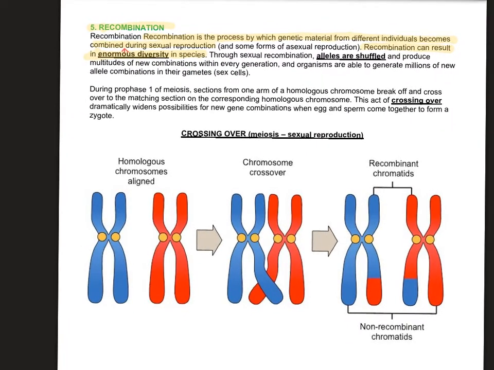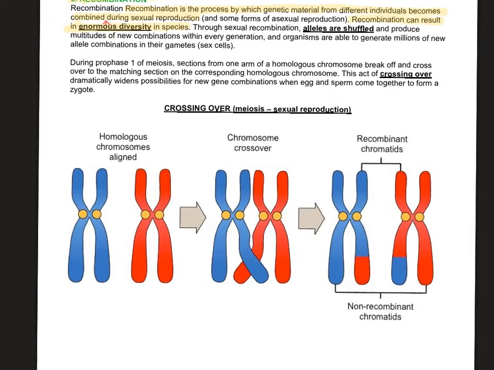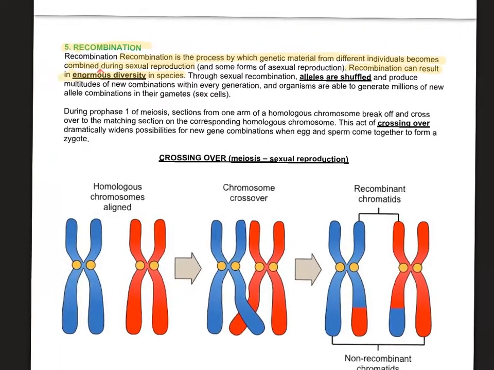During prophase 1 of meiosis, sections from one arm of a homologous chromosome break off and cross over to the matching section on the corresponding homologous chromosome. This act of crossing over dramatically widens the possibility of new gene combinations when egg and sperm come together to form a zygote.